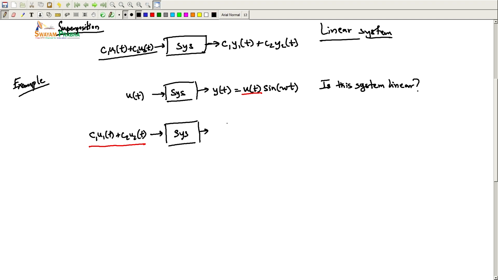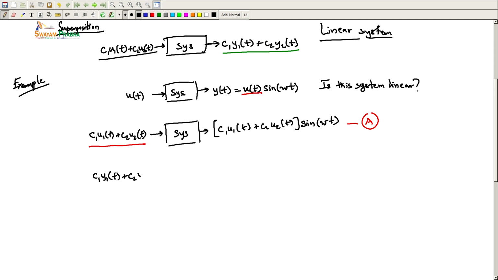Based on that, what we get is C1 u1(t) plus C2 u2(t), the whole thing multiplied by sin omega t. Let us denote this as A.